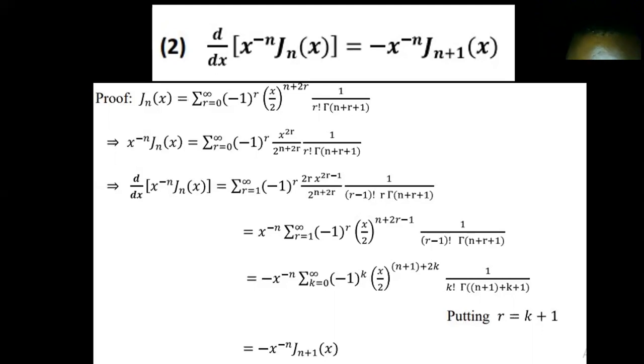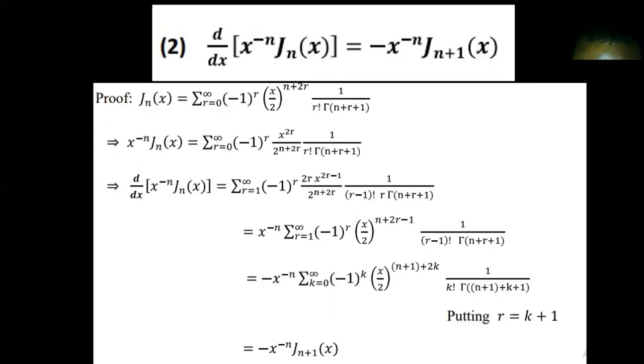Then I can bring out, since the power of x in my numerator is not having n, and the power of x in my denominator is having n. For me to make the powers the same, I need to multiply my numerator by x raised to power minus n, which I can also add to x raised to power 2r minus 1.